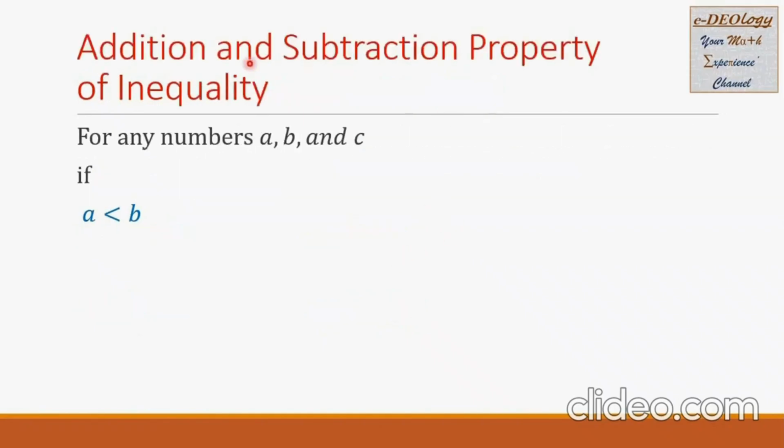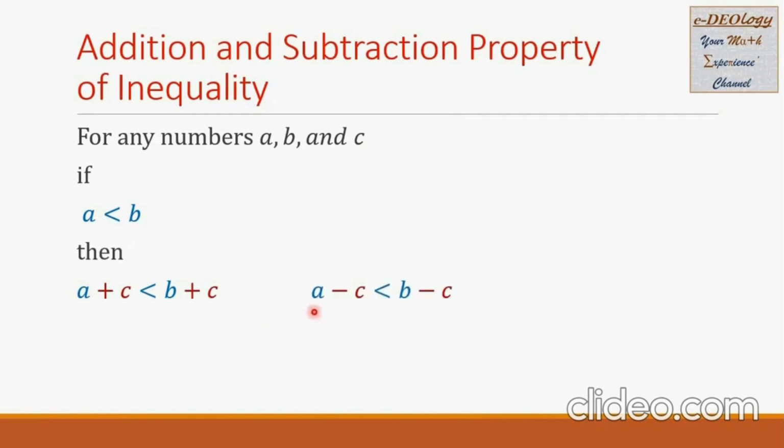Let us have now the addition and subtraction property of inequality. For any numbers a, b, and c, if I have an inequality here that a is less than b, then a plus c is less than b plus c.